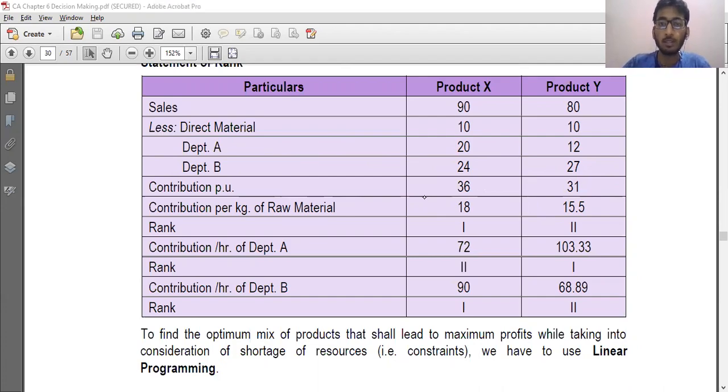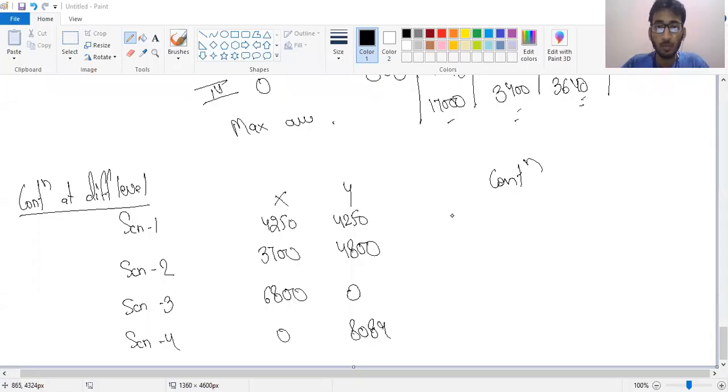So let's write this contribution over there. I have not calculated the contribution anywhere here, but as per the contribution given, we can solve the question. The contribution for X is 36 and for Y is 31.